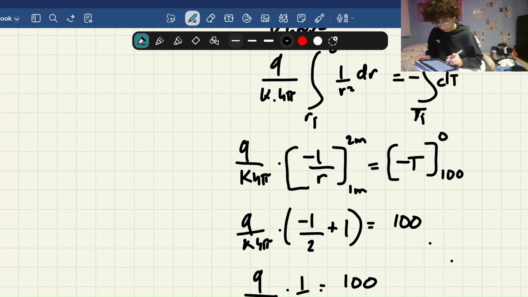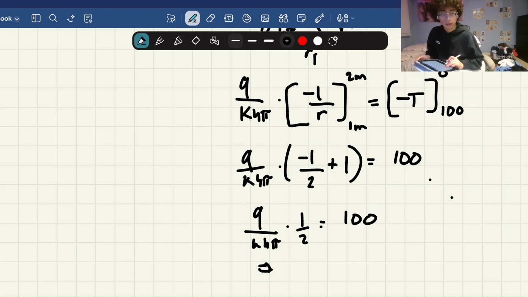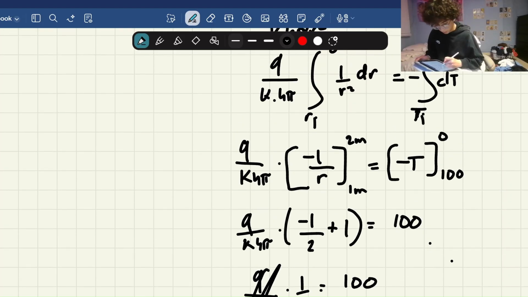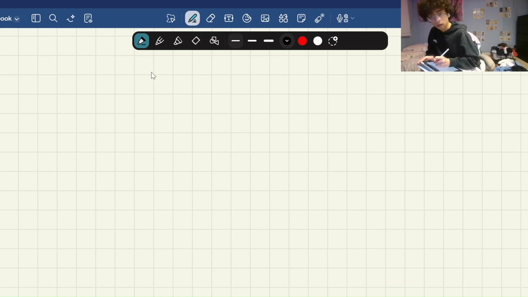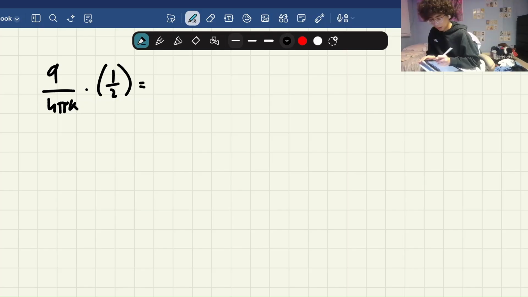Oh, I don't think you guys can see it down here. I'm just gonna go on to the next page. Q over 4 pi k times 1/2 equal to 100.